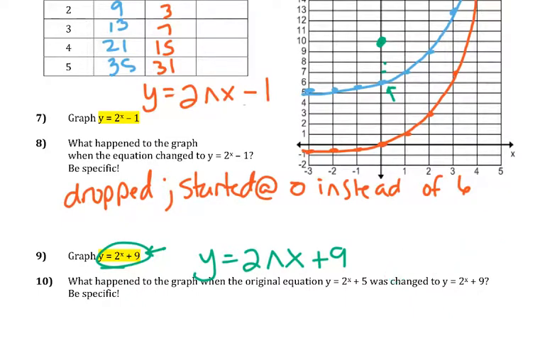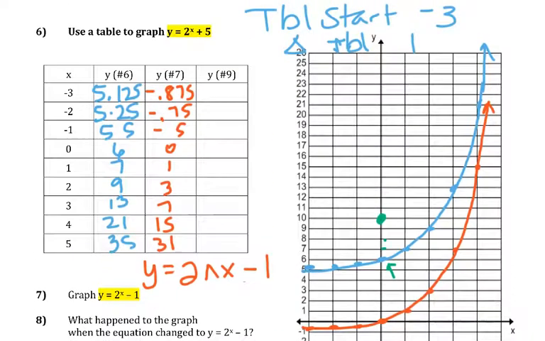Okay, so when you put that in your calculator, if you do it right, the numbers that you should get are 9.125, 9.25, 9.5, 10 is my y-intercept, 11, 13, 17, 25, 41. And so I'm going to go and start that.